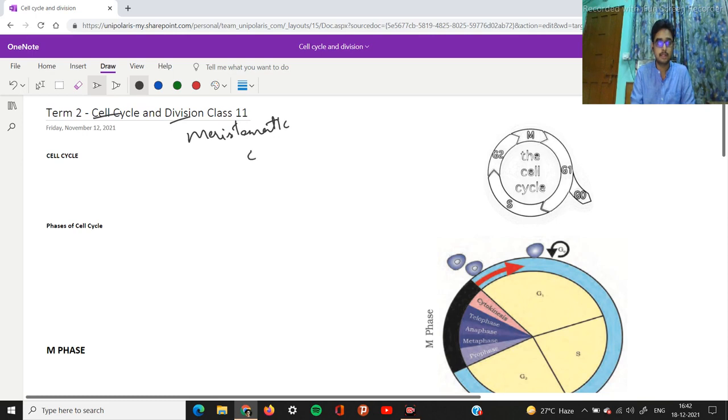There are meristematic cells in plants that keep dividing, and in animals like us, in human beings, there are epithelial cells that keep dividing on a regular basis. While it is important for growth, it is also important for repair.